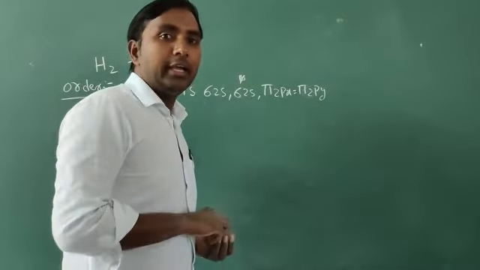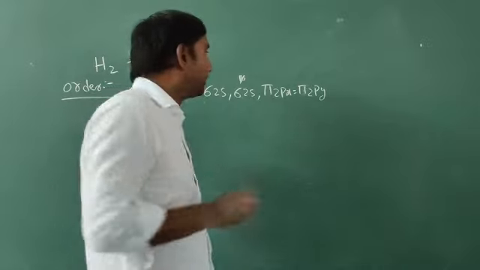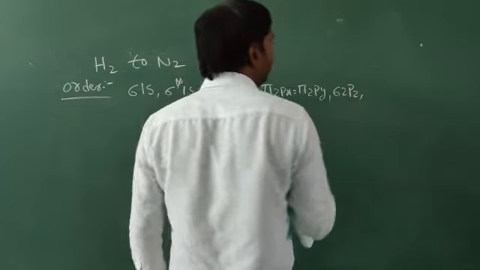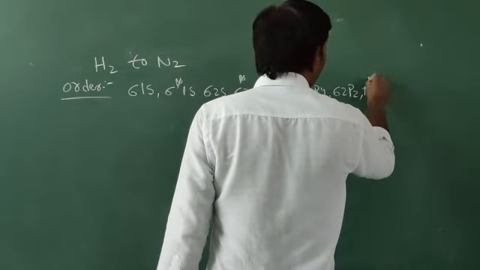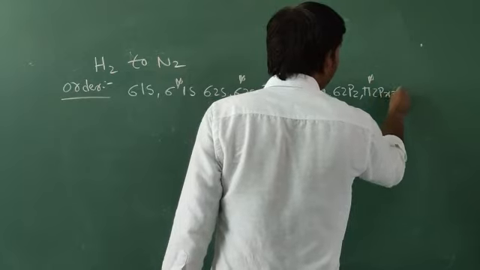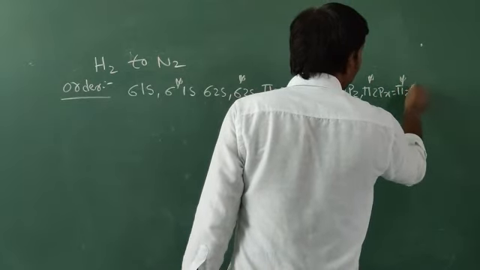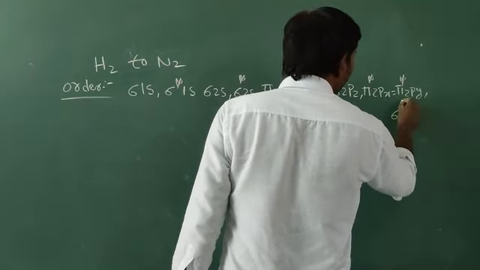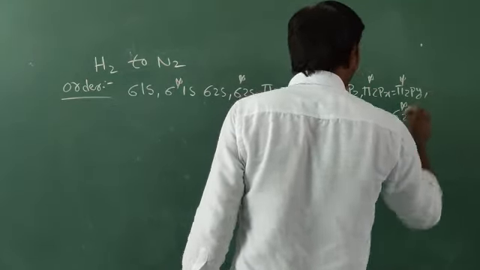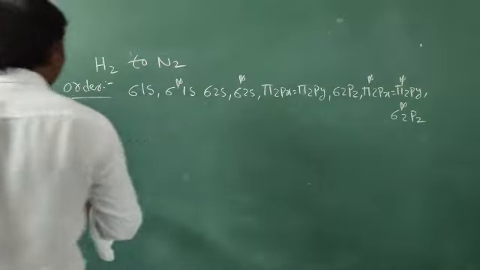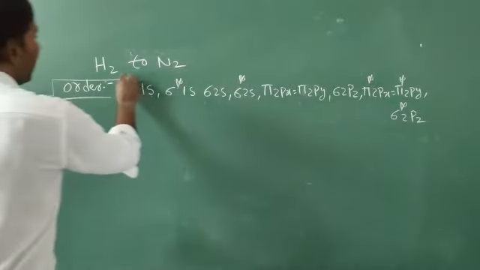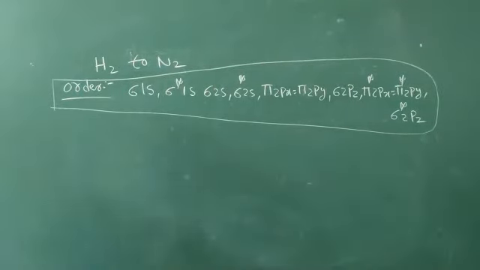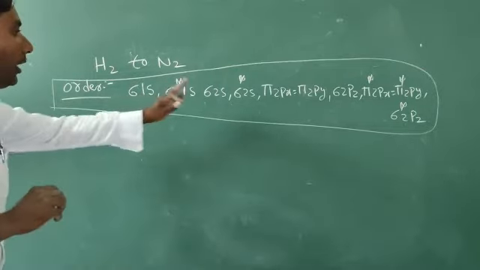Next sigma 2pz comes, next pi star 2px equal to pi star 2py, and finally sigma star 2pz. This is the configuration order from the hydrogen molecule to the nitrogen molecule. You should remember it.